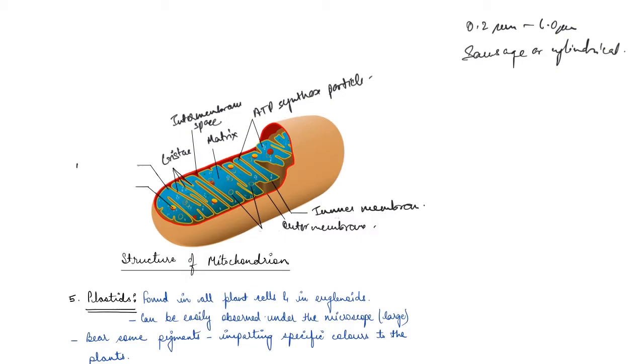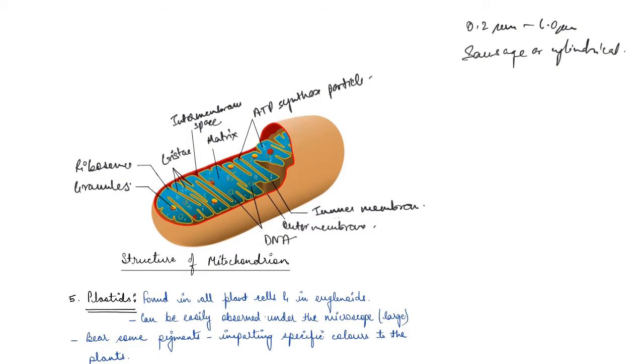Apart from that, you have some ribosomes, some other granules, and you have DNA as well. Mitochondria divide by fission. The main purpose is to produce cellular energy in the form of ATP, so they are the site of aerobic respiration.